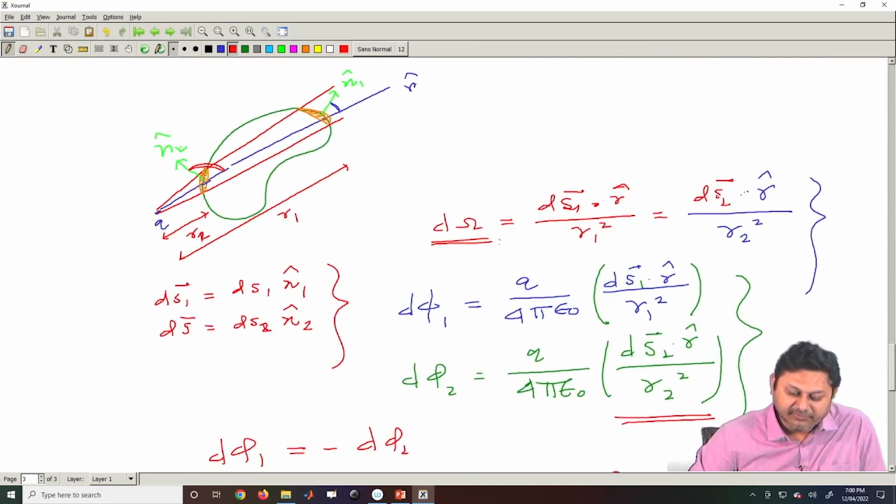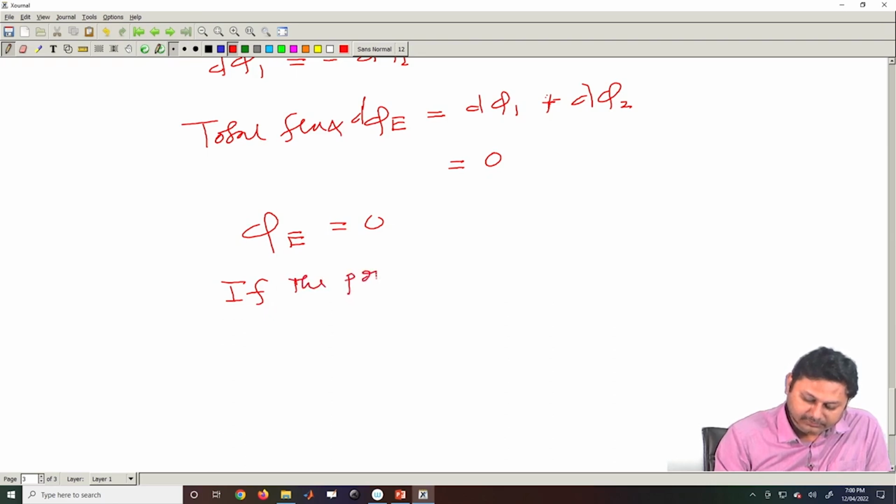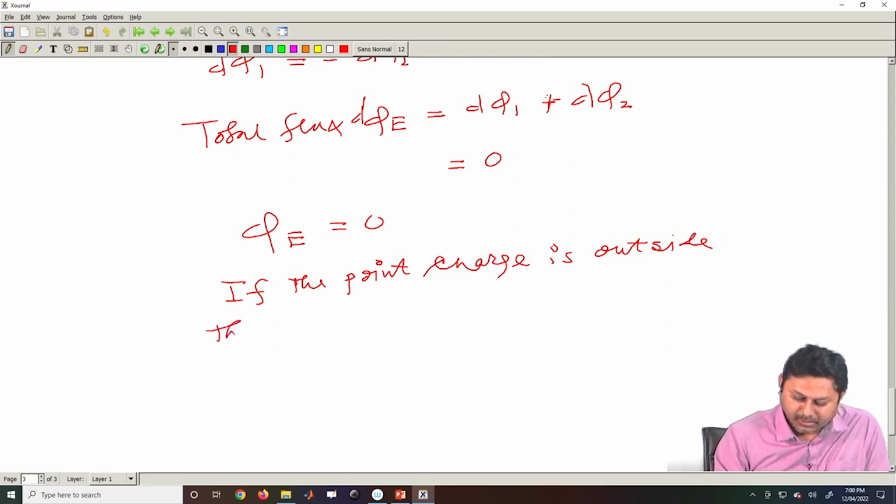So, that means the total flux phi e will be simply 0 if the point charge is outside the volume.